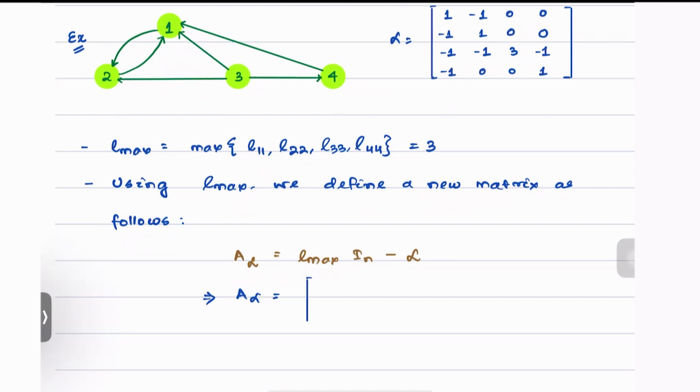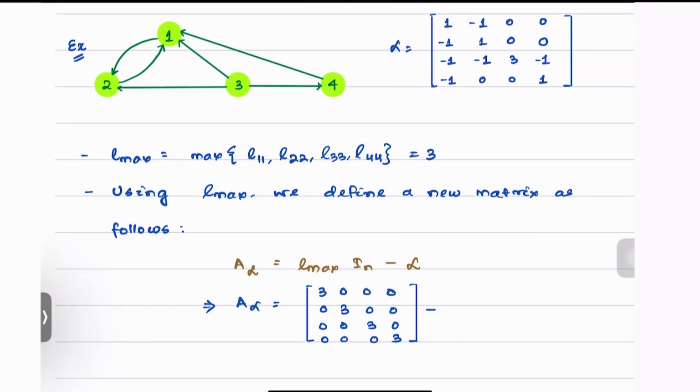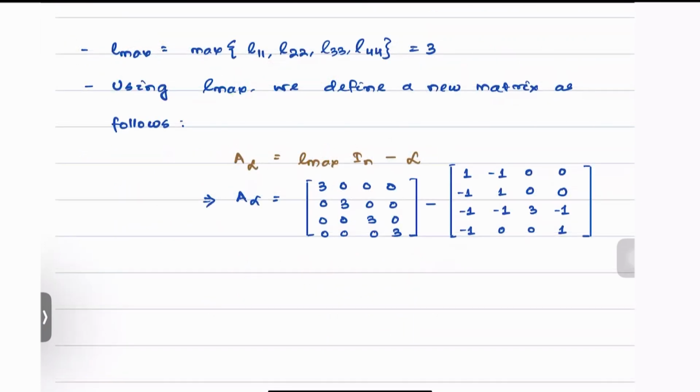Let's see. For us, L max, as we know, is 3. So it's multiplied with identity, and we get a diagonal matrix with all entries equal to 3. And the Laplacian is as shown here. When we subtract the two, before we write it, let's look at the construct a little bit.